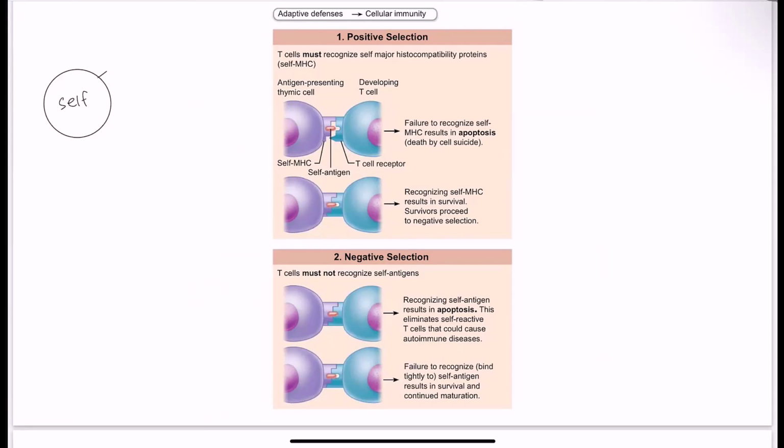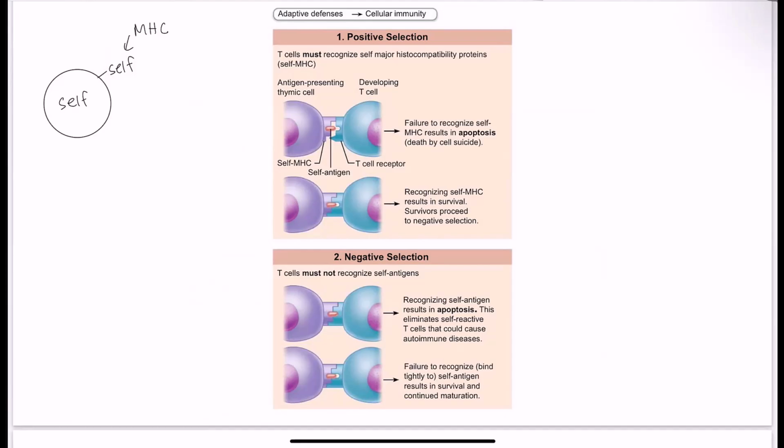We have self proteins. Whenever our body cells see this group of self proteins, we're going to be like, oh, that's me, sounds good. Those self proteins are called MHC.